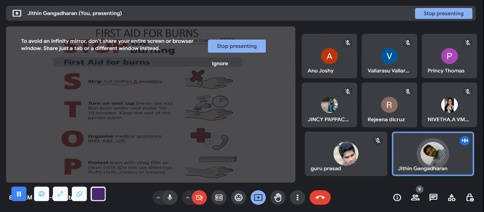And next, you have to remove the jewelry. Why? There are two reasons. One, jewelry is metal, so it's a good conductor of heat. Once it gets hot, it will radiate the heat and lead to further secondary burns.